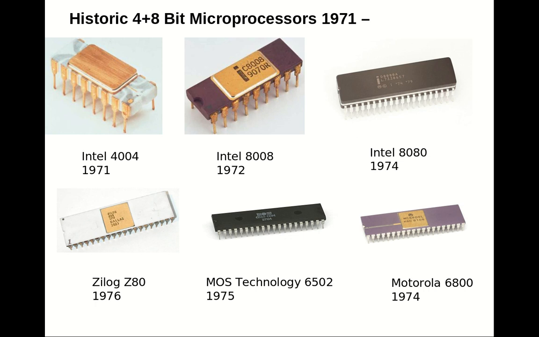Basically, this microprocessor was available in a price range of $10 US. So basically this allowed manufacturing computers, and this type of computer was then called a microcomputer, for much lower prices than before.